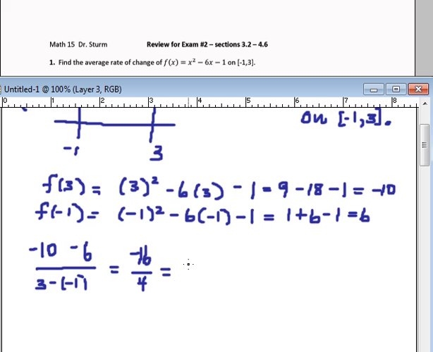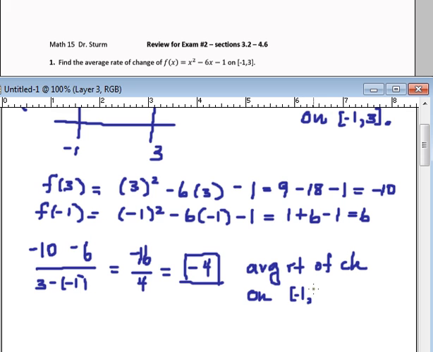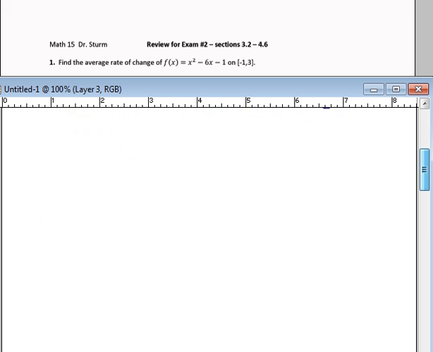And that's equal to minus 4. Alright, so that's our average rate of change on the interval minus 1, 3. Okay, let's look at the next question right here.